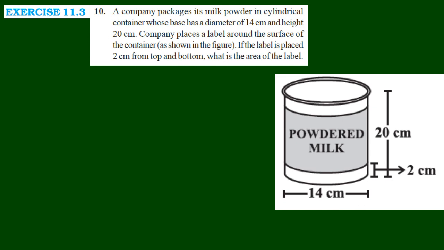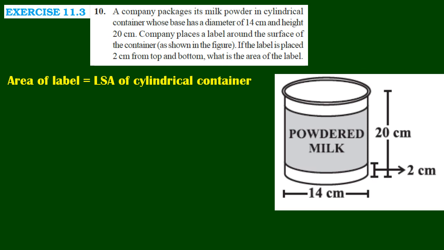Very, very simple. So the label means the curved part. So we have to find the curved surface area of the cylinder. But the only thing is it's not covering the full height of the container; at top and bottom, the 2 centimeter width has to be left. So the height will differ. That's the only thing you have to take care of.